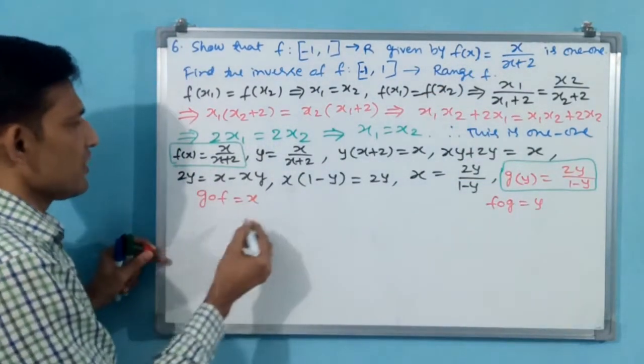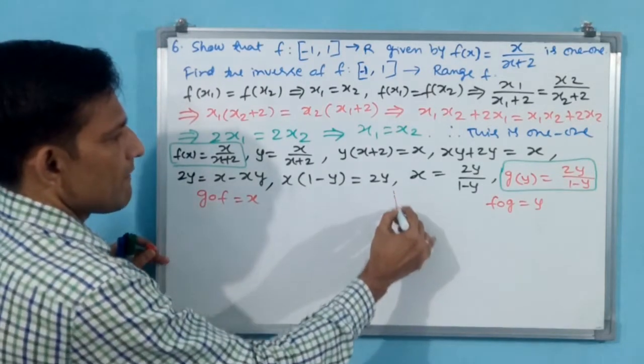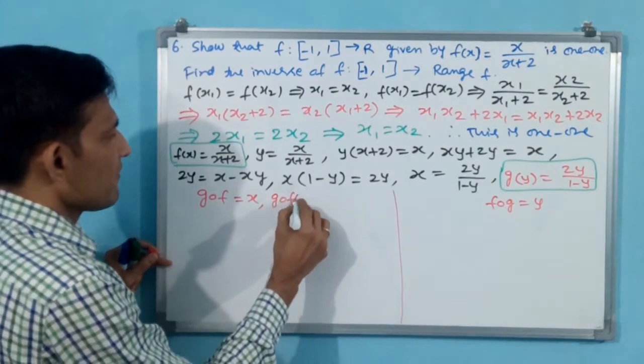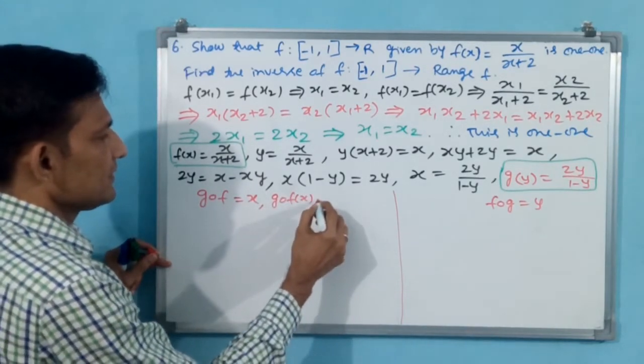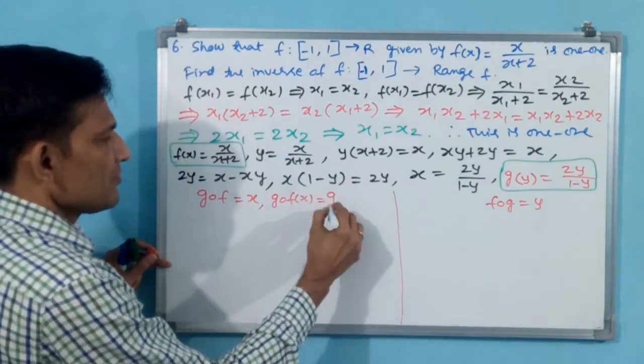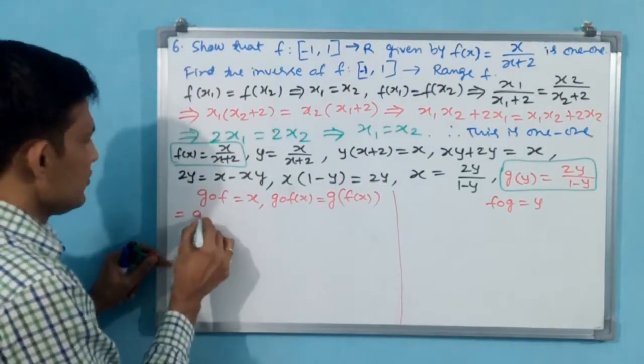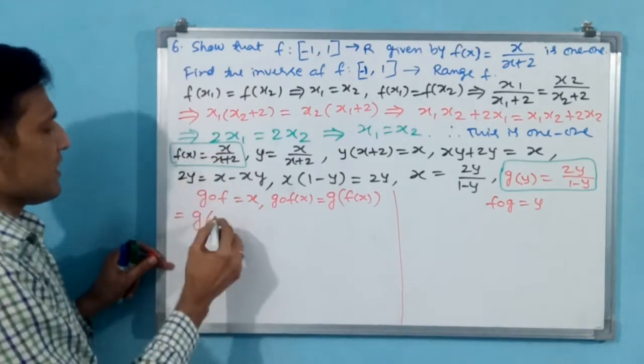Okay, let us see. gof of x is equal to g of f of x. g of f of x means g of x by x plus 2.